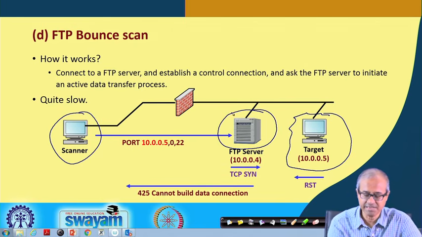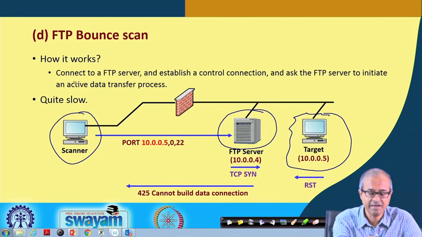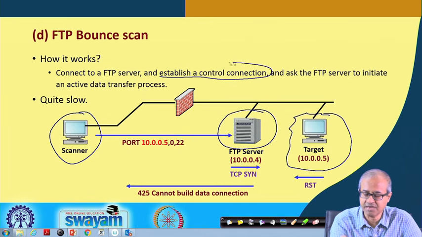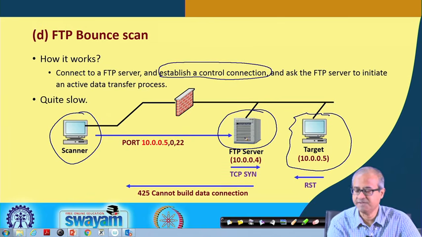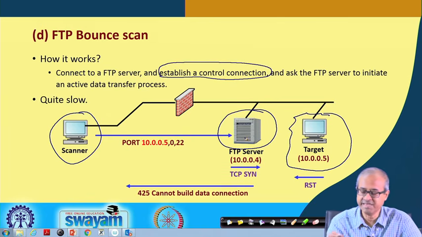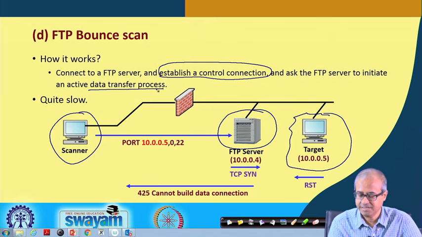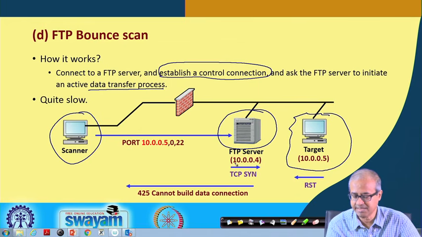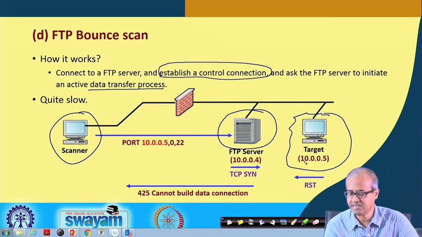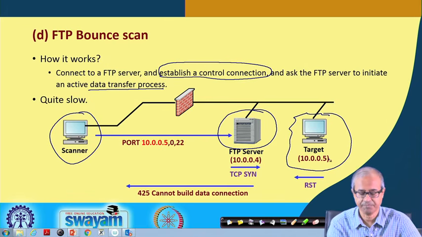So, what it does, it establishes a control connection with the FTP server and initiates a data transfer connection. You see, the FTP server, let us say, has an IP address 10.0.0.4 and the target has an IP address 10.0.0.5.